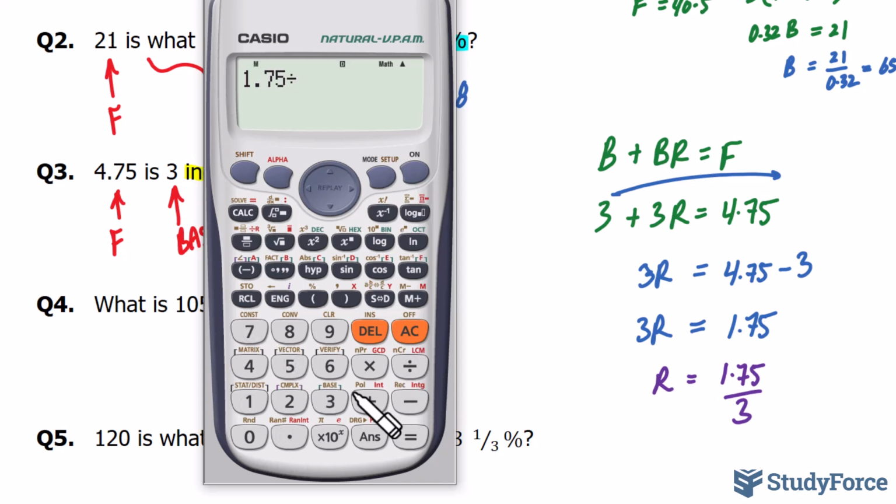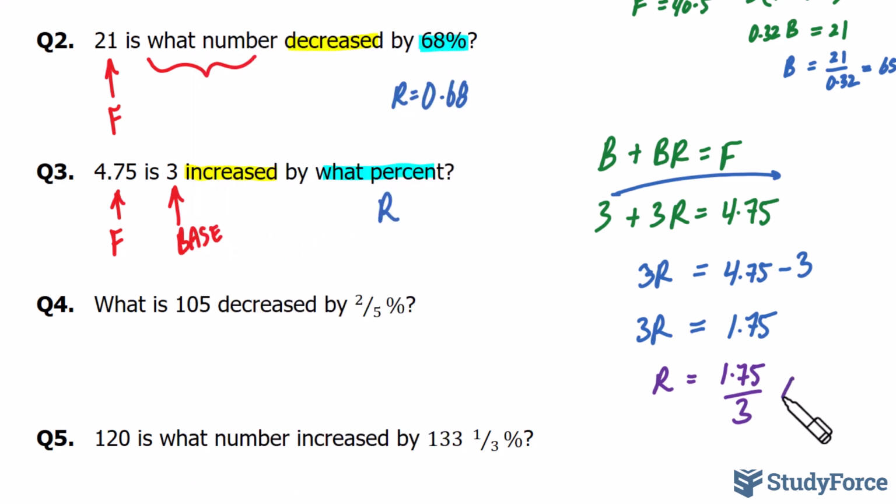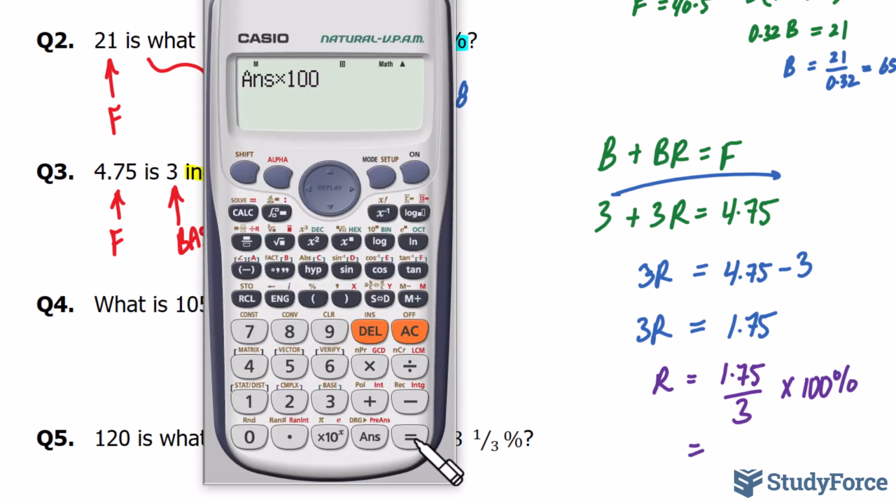Apply this into our calculator. We end up with that number, but don't forget to multiply it by 100%. So let me make a note of that: you do want to multiply this by 100% or a factor of 100. And if you do, your calculator will output 58.3 repeating.